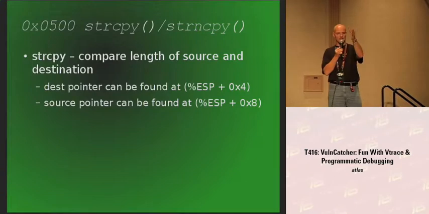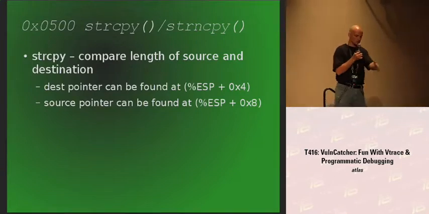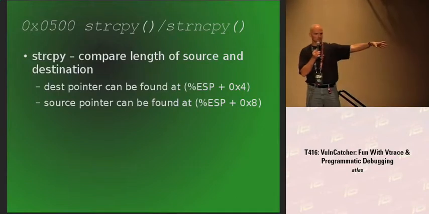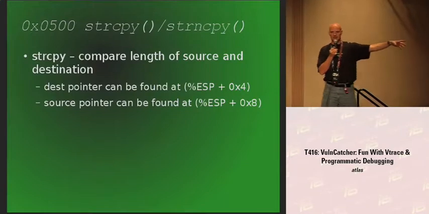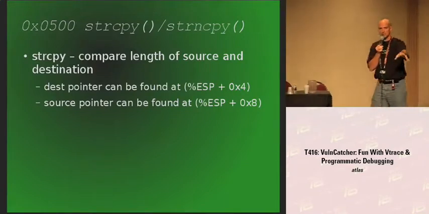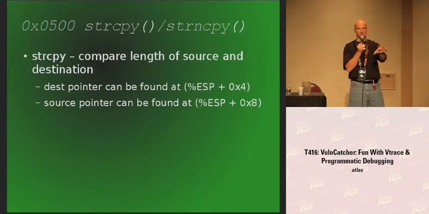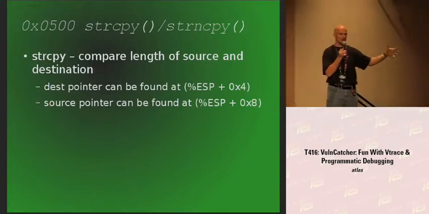I simply say, okay, take this string and, well, copy it, as long as you don't run into a null byte, copy that over here into this other buffer, right? Well, what if that other buffer is 14 bytes long, and the original string was supposed to be 7 bytes long, but, well, the coder didn't really check much, and it turned out to be 30 bytes long. We now have an overwrite.